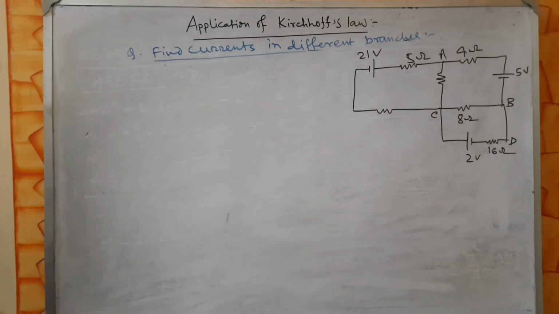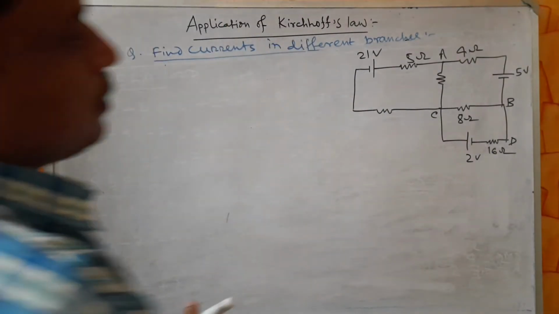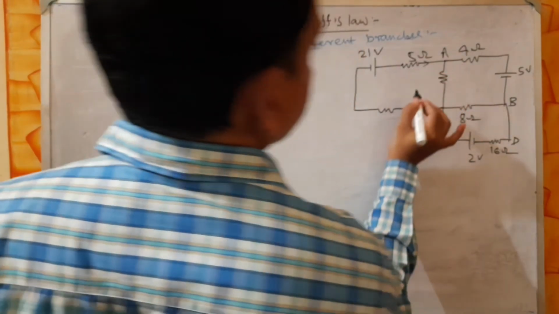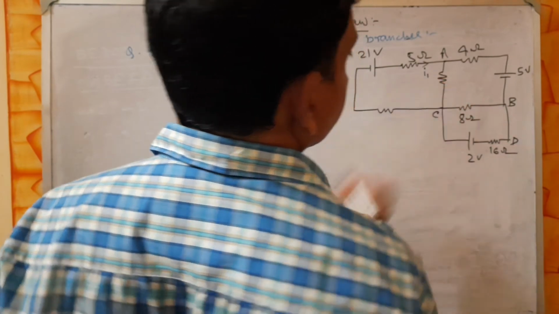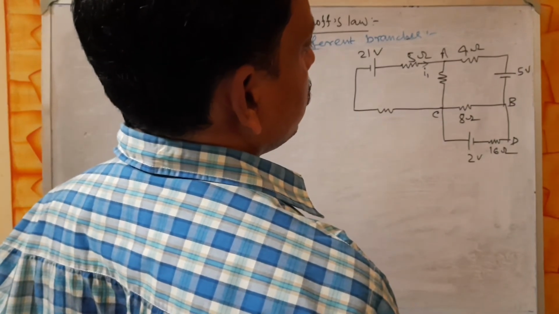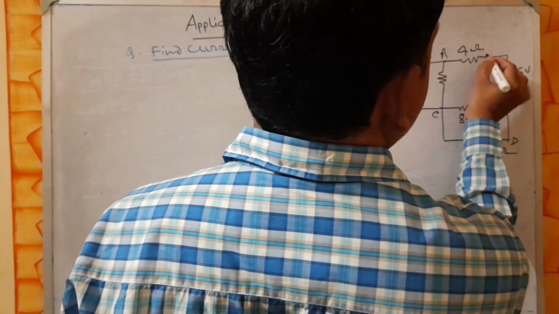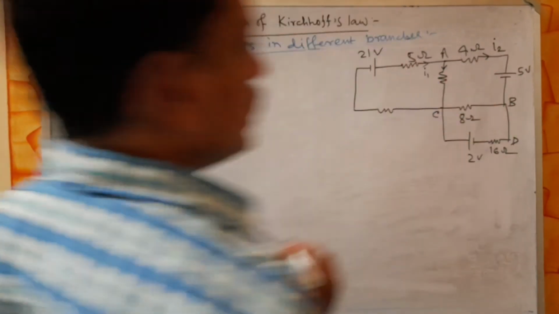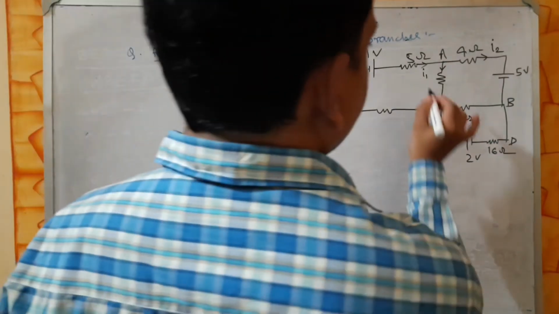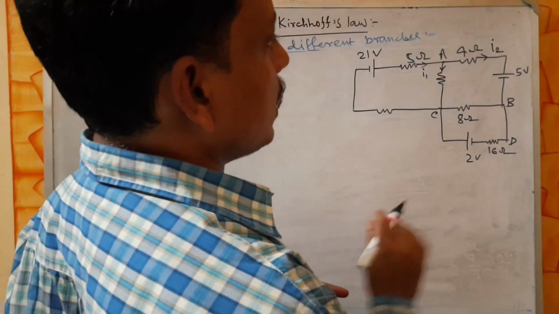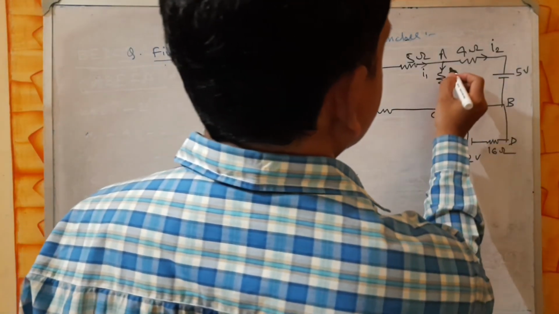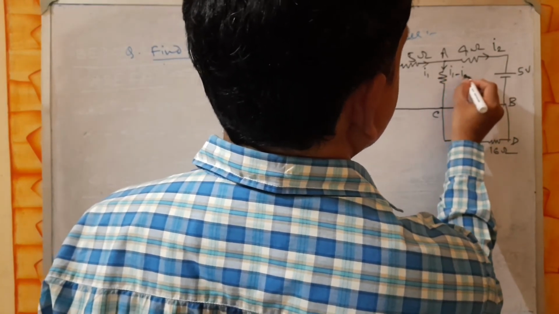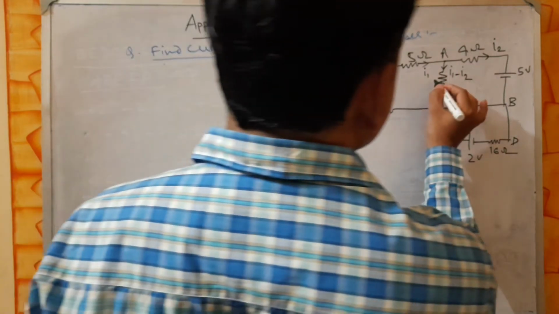First we consider these branches, the current passing through I1 and this I2. At the junction A, I1 is entering and I2 leaving, so I1 minus I2 through the 6 ohm.